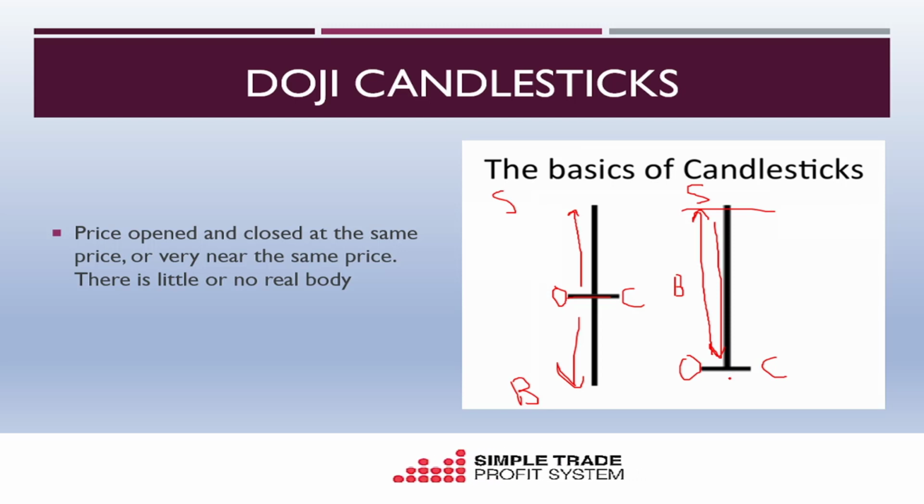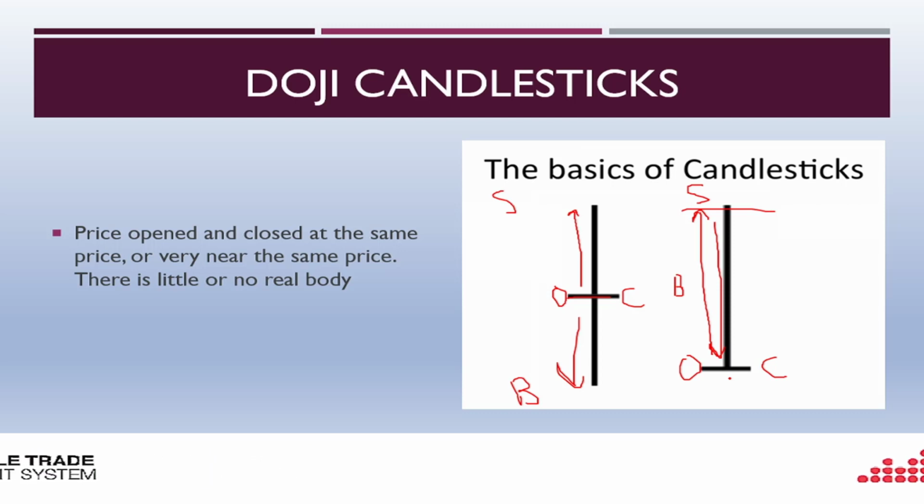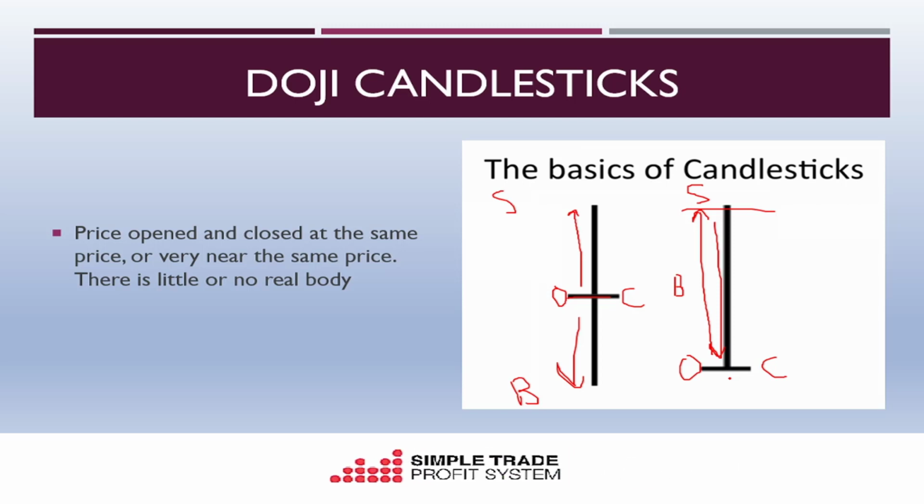So the one thing to take away from doji candles is that it's just a session of indecision, meaning that nobody really has control of this time frame right now. There are equal buyers to sellers.